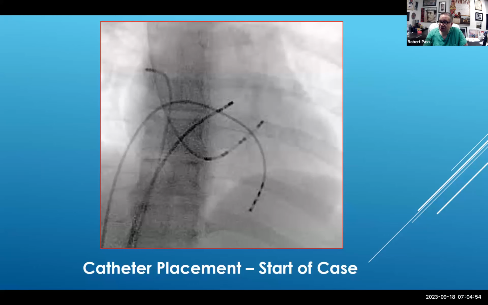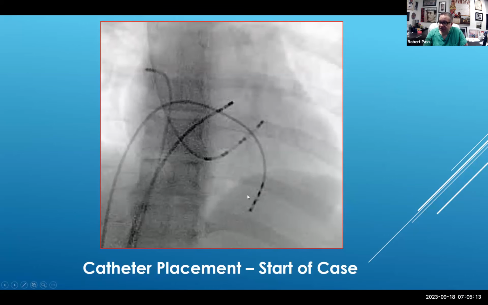So as Dr. Walsh says in his famous chapter in Nadas' Pediatric Cardiology, the coronary sinus is God's gift to the electrophysiologist because it allows us a peephole into what's going on the left side of the heart without actually having to go into the left side of the heart.